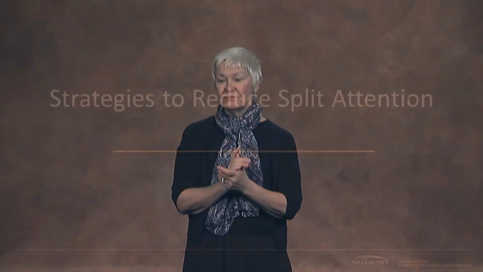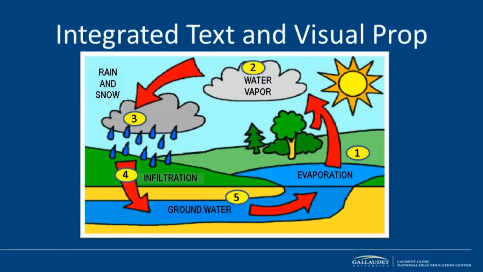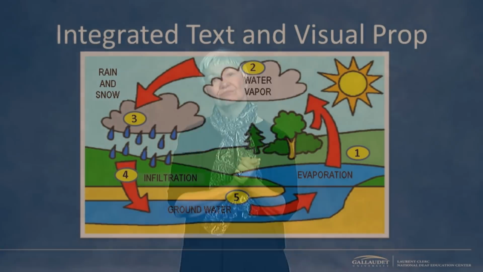Now I'd like to talk about another example, how to integrate visual information, particularly when instructing in a visual language like ASL, while at the same time presenting visual props. And here's another example.